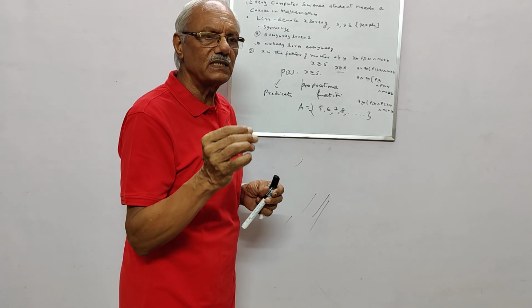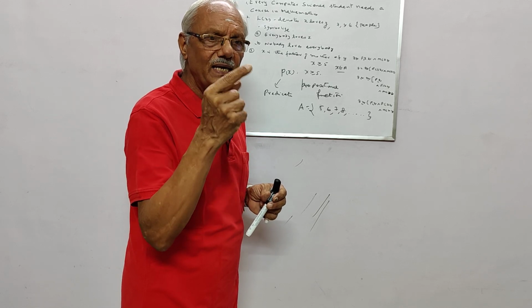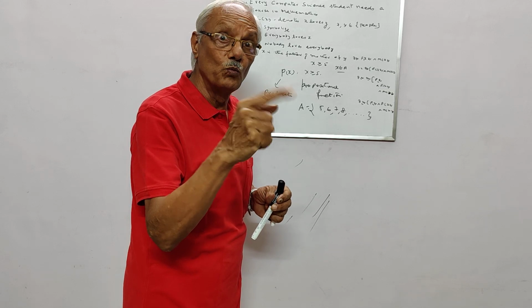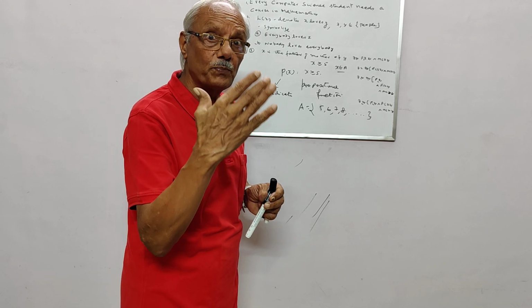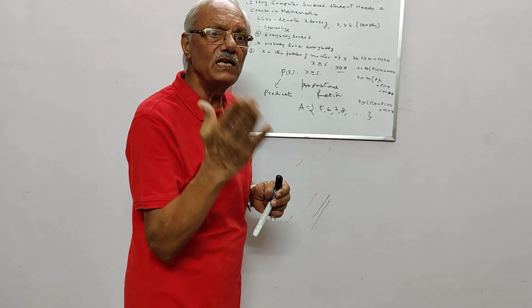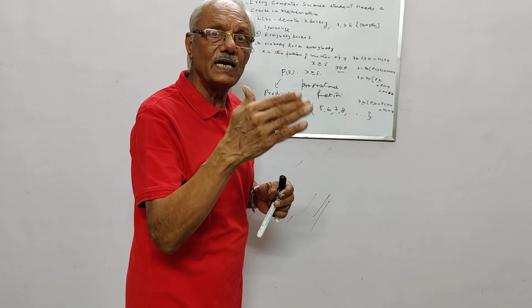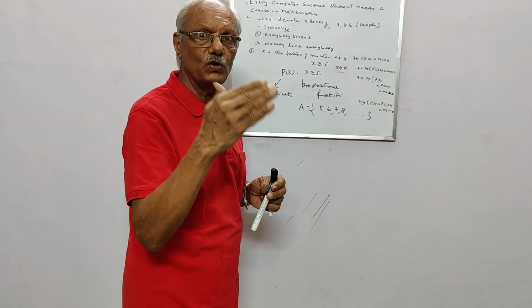Predicate of x in the sense that x is a variable and x has got the property. Now I am talking more about x. I am telling you what is the property of x. Yet x means it is a variable which is greater than or equal to 5.